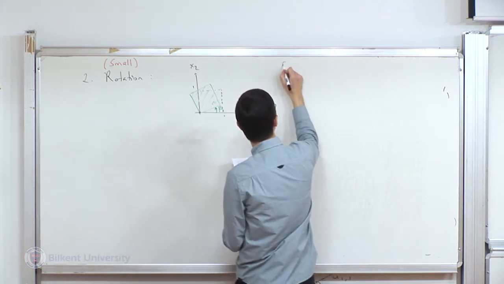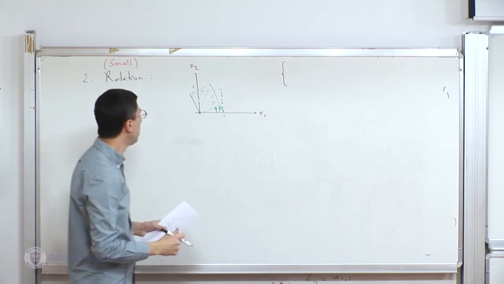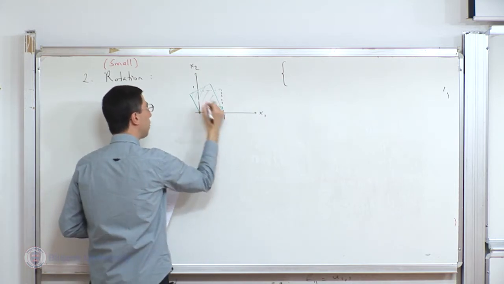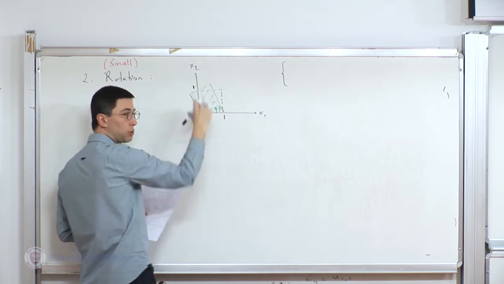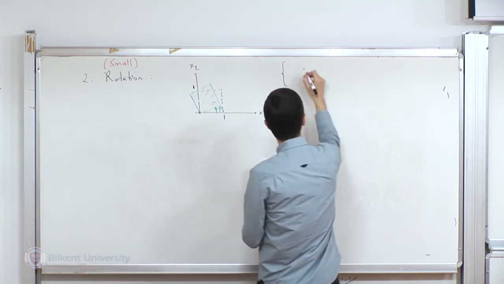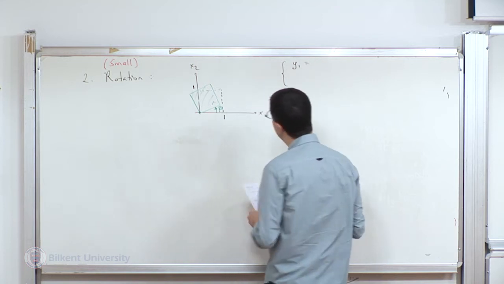But before I do that, let me write down the current position of any point within this original square after rotation. This is something you can verify yourself.